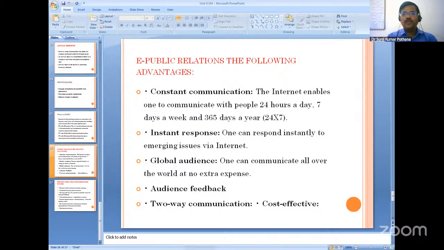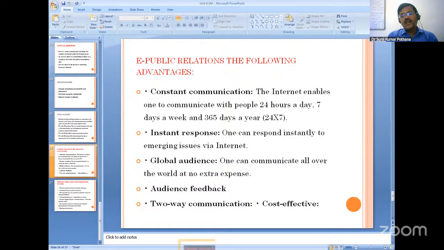If there were no e-public relations, how would we get feedback? Earlier, without the internet, there was no practice of e-public relations. The customer, again I am telling you, needed to write a letter to the company. It reached after 5 days or 10 days or whatever, depending on the area and the distance.